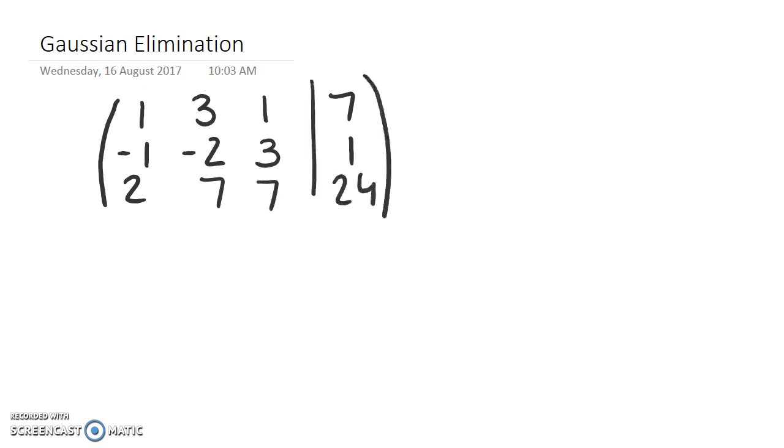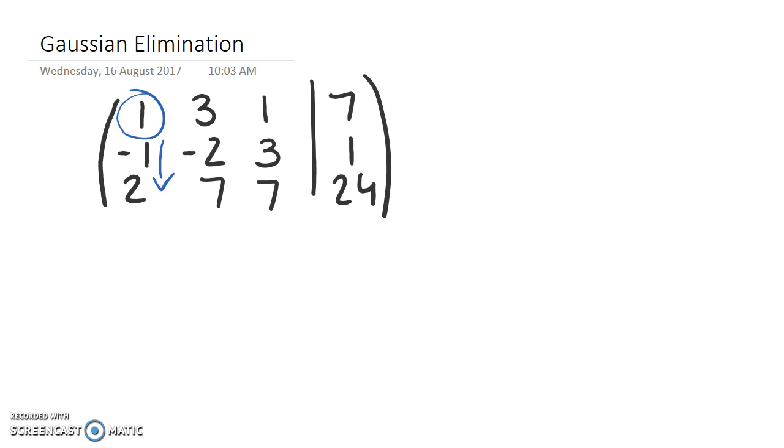Now we need to use the elementary row operations that you saw in the previous video to do this successfully. The strategy we'll use is to start with the first column, look at the pivot there, and use that pivot value to eliminate everything below it in that column.